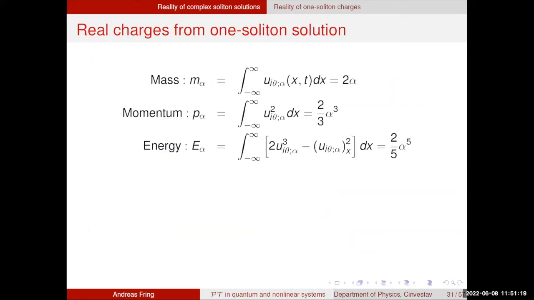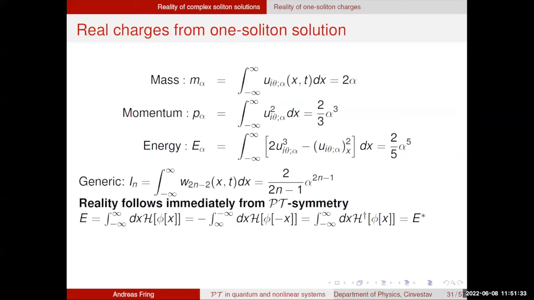We can now calculate for this solution, for instance, the conserved charges. In particular, we are interested in the energy, the momentum, and the mass, and you can just compute this exactly. And even higher charges, where we don't really have a concrete interpretation of what they might be, but there's a closed formula you can use and calculate.